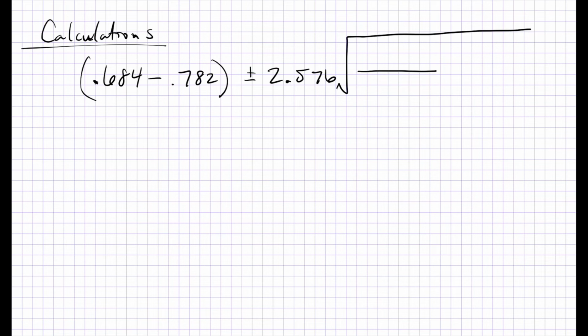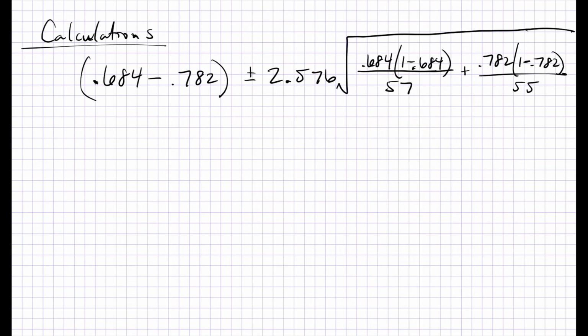Okay. So over here you have 0.684 times 1 minus 0.684, over 57, plus 0.782 times 1 minus 0.782, over 55.